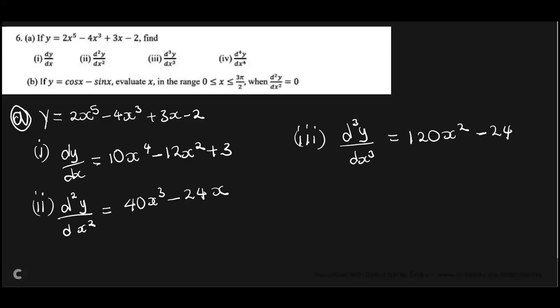Then we need to differentiate this for the fourth time, d to the power 4 y over dx to the power 4, which will be 2 times 120, that will give us 240.